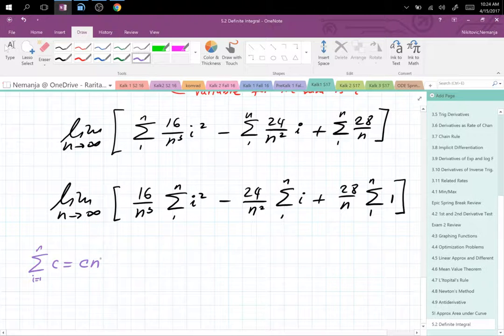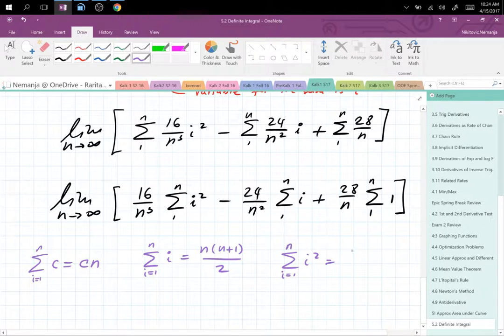That's all it is. Another formula, summation i goes from 1 to n for just i, that's going to be n times n plus 1 over 2.